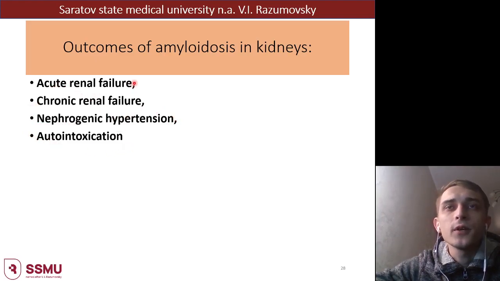Acute renal failure is associated with damage of glomerulus, chronic renal failure with constriction of glomeruli and development of connective tissue in the kidney, nephrotic syndrome with prevalence of protein in the urine, and autointoxication is a terminal stage of amyloidosis of kidney, associated with accumulation of nitrogen products in the blood plasma.